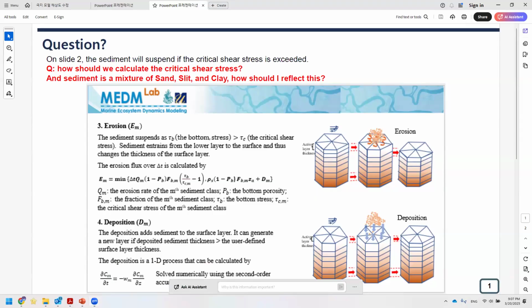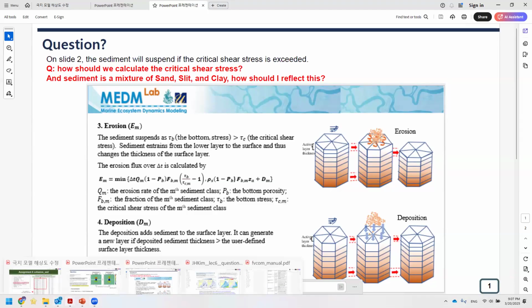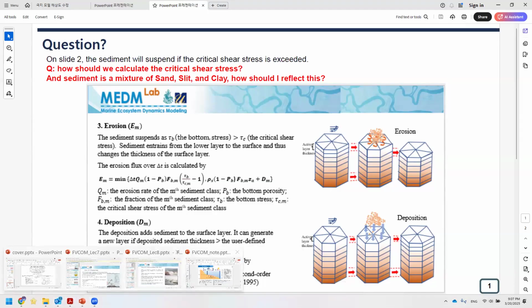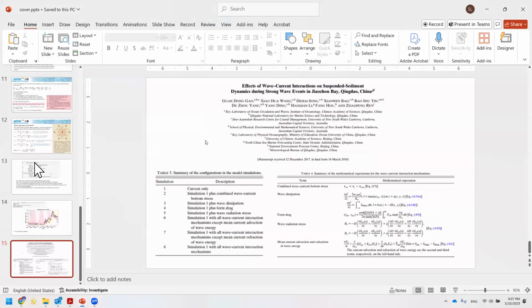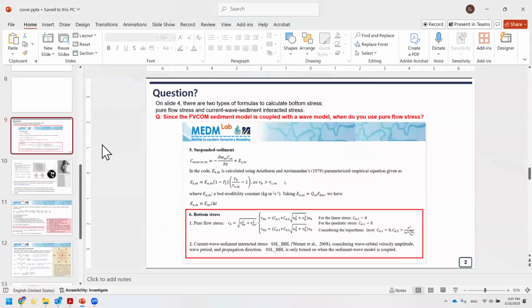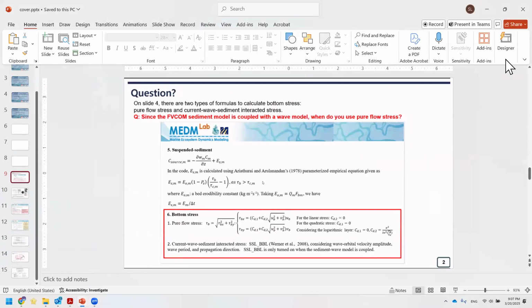Okay, next question. She asked, since the FVCOM sediment model is coupled with the wave model, when do you use pure current stress? That's a good question.